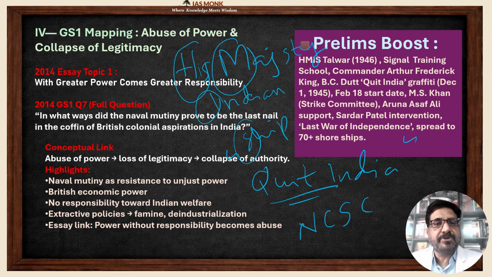This is why the mutiny is remembered as the symbolic last nail in the coffin of British colonial aspirations, reinforcing the essay's insight that power endures only when anchored in responsibility. So this is how we can connect this question to the essay, and you can extract many important points for your prelims also. That is why I have marked all these prelims boosters.